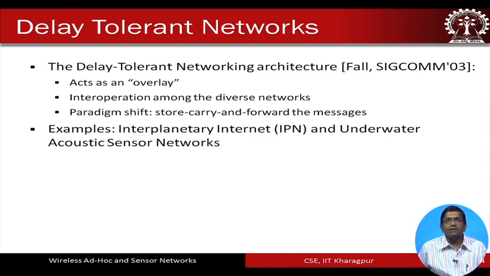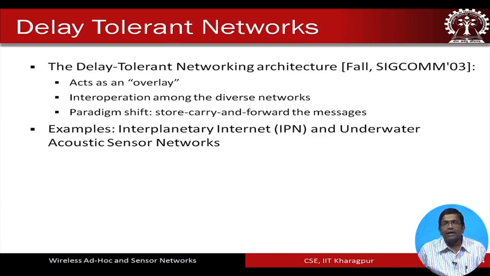So, examples of these DTNs are interplanetary networks and underwater acoustic sensor networks. We will talk about underwater acoustic sensor networks in the later part of this course, but just to give you an idea, the whole thing is about having different sensors communicate with one another under the surface of water, and under the surface of water these kinds of properties are exhibited.